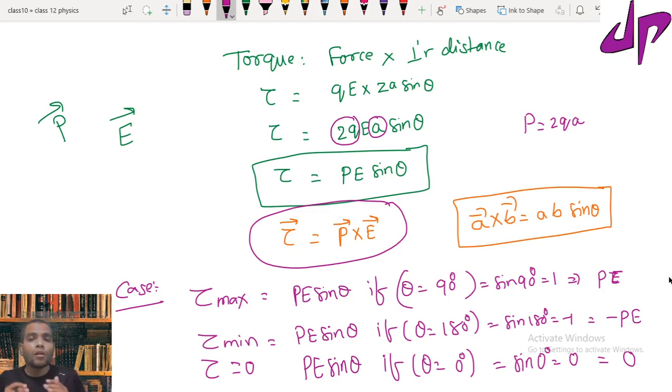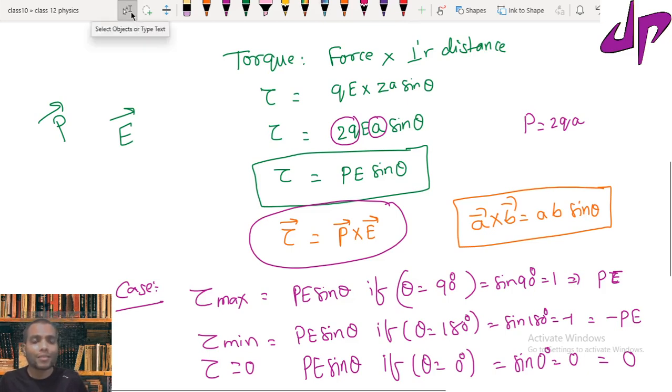So because of this interaction of the electric field with the dipole moment, since both are vectors, the interaction of the two vectors causes another vector to come into the picture. So here the other vector is torque.